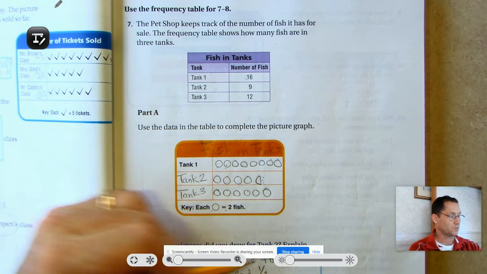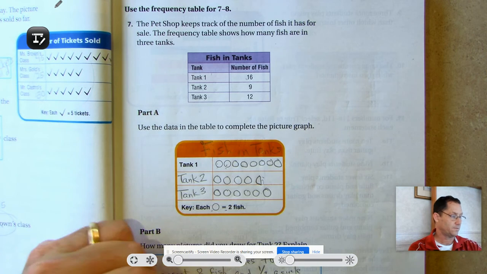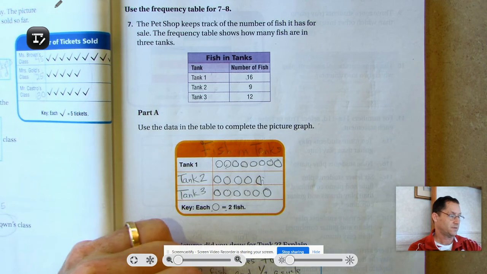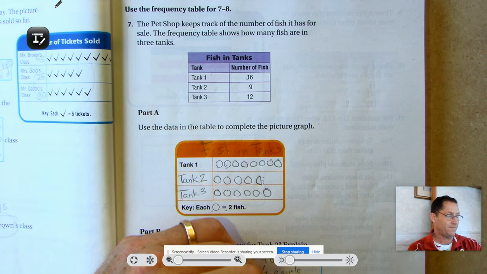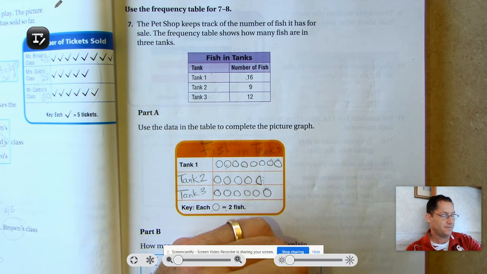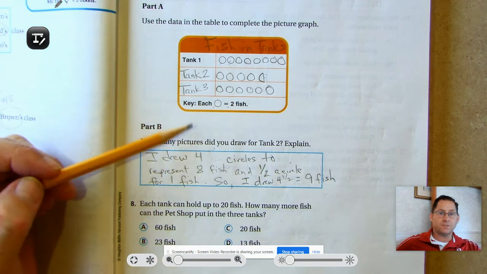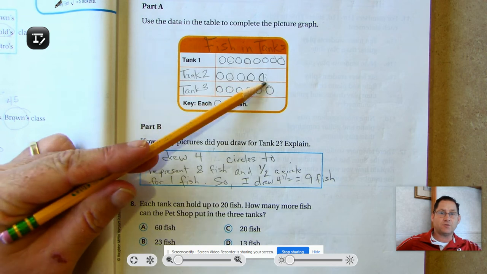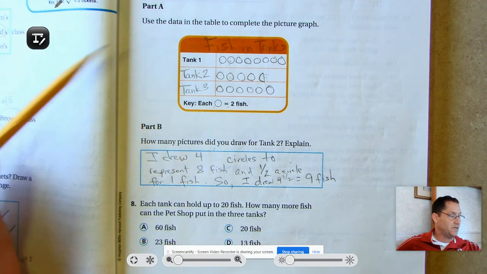I drew 4 circles to represent 8 fish and half a circle for 1 fish. So I drew 4.5, which equals 9 fish. Okay, I drew 4 circles to represent 8 fish. I drew half a circle to represent 1. So altogether, I drew 4.5 circles, and those equaled 9 fish.